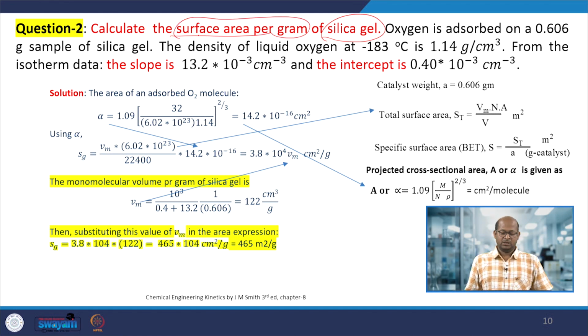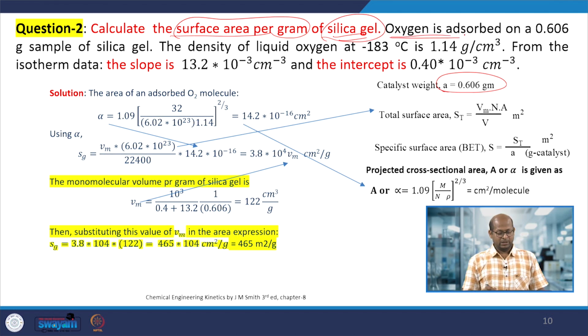Okay. Similarly, in question 1 we have used nitrogen, that gas was adsorbed over the surface of the catalyst that was taken, 0.1 grams. Here the catalyst taken is 0.606 grams, the material is silica gel, whose surface area you have to find out, and here oxygen was used as the adsorbing gas.